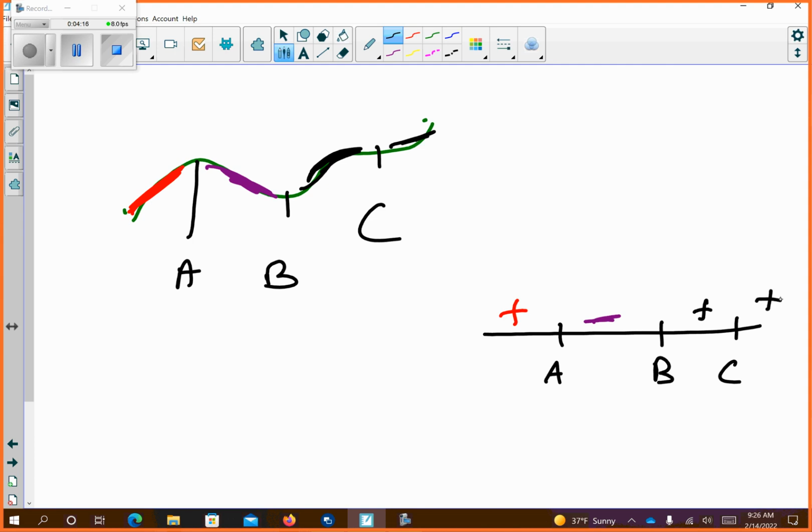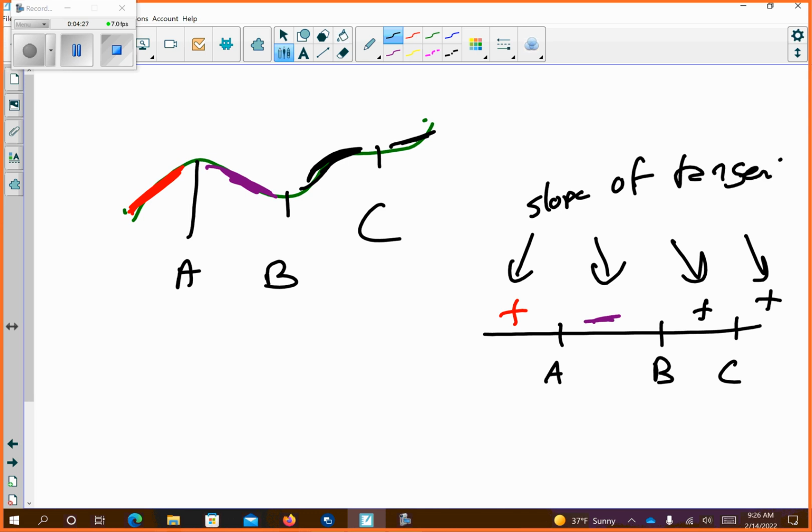The positives and negatives are just referring to the slope of the tangent lines. Exactly at those points, the slope is 0, because that makes a horizontal line, and a horizontal line has a 0 slope. That was the first part of the 5.1 notes. Okay, we okay so far?